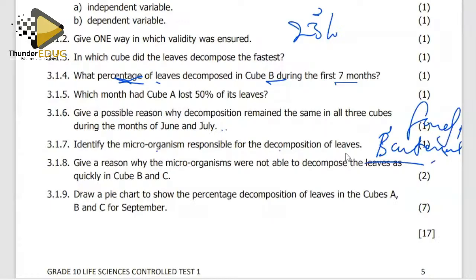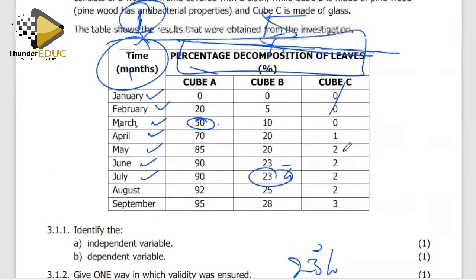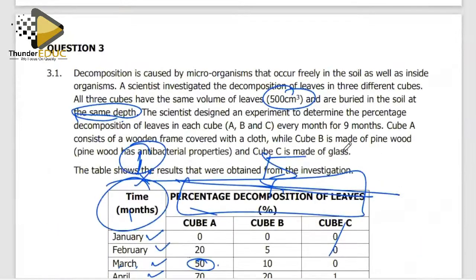Give one reason why microorganisms were not able to decompose the leaves as quick as in cube B and C. Let me see what is in cube B and C. Cube A is wooden, cube C is made up of glass.